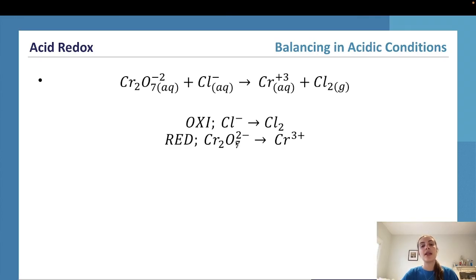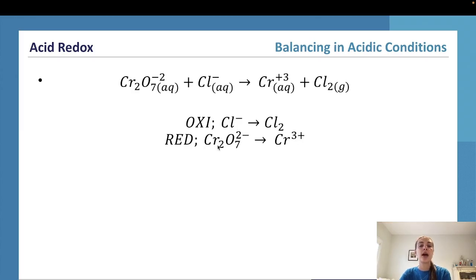If we've got -14, but we need to get to -2, and we've got 2 chromium ions, we need to make up +12 out of our 2 chromium ions. So we do +12 divided by 2, and that's going to give us +6 per chromium ion. And so we can see our chromium ions are going from +6 to +3.